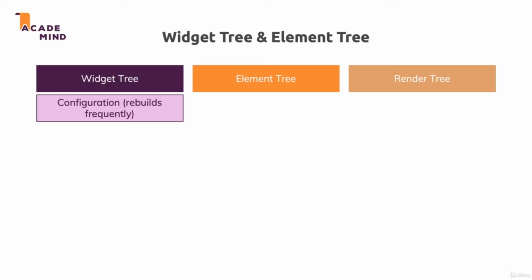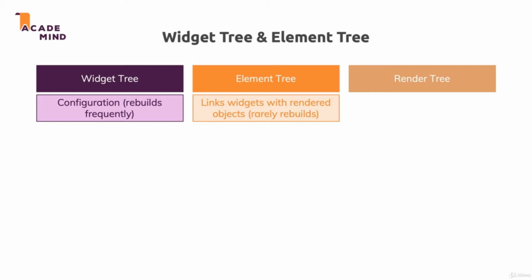The element tree then is important because it is created by Flutter automatically based on your widget tree, and it links your widgets to the actual rendered objects. Now, the widget tree is constantly changing, basically whenever you call setState, for example. So whenever the build methods get executed, Flutter rebuilds that widget tree.